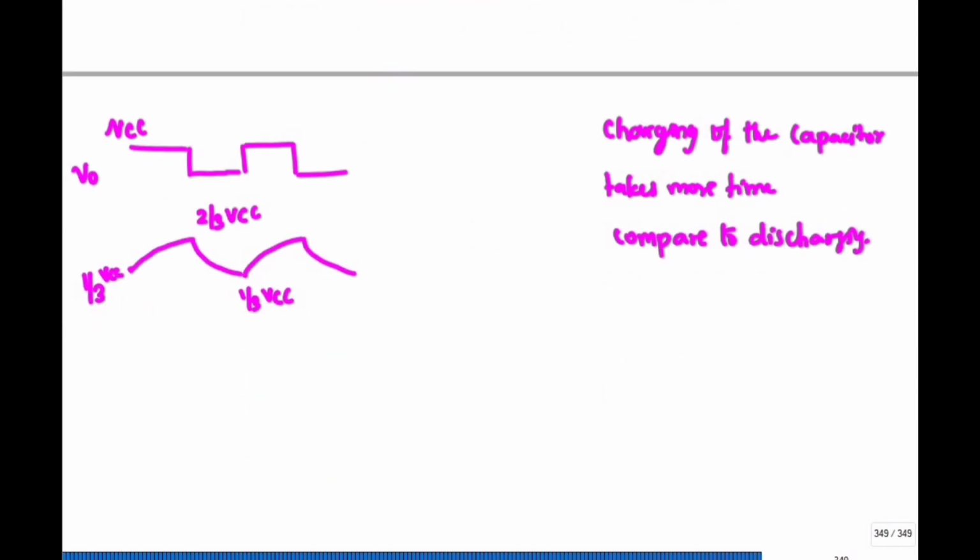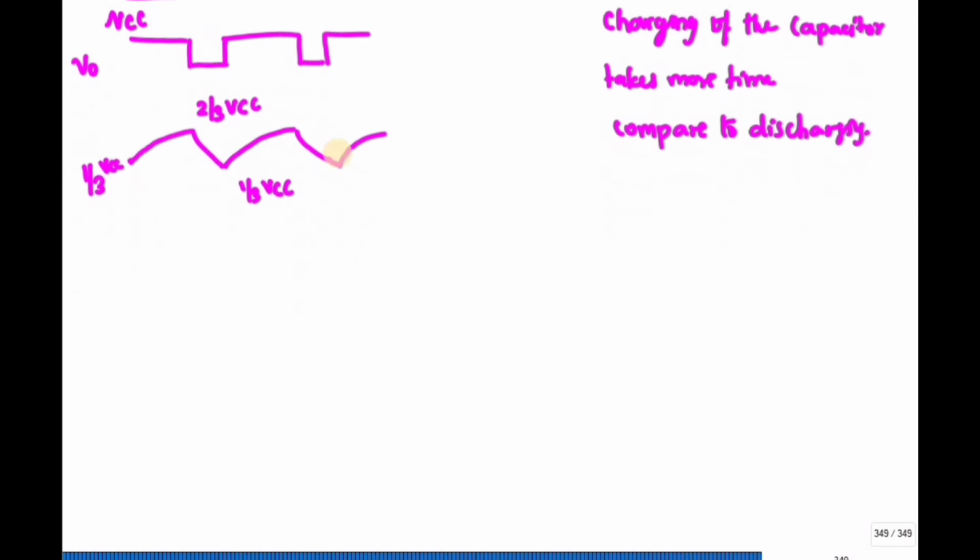If this is T1 and this is T2, during T1 the capacitance is charging, and it will discharge very fast. So you will get the pulse width of T2 very small compared to T1. This is the V0 output you will get.